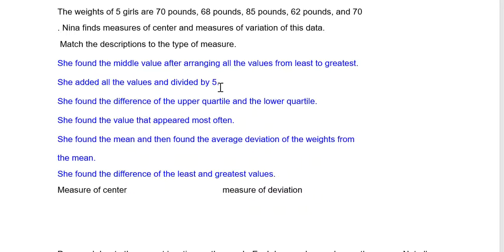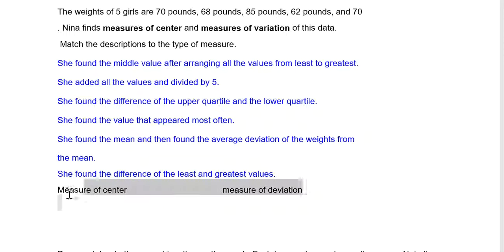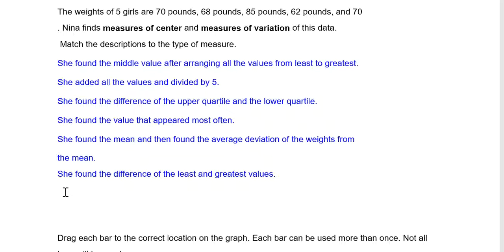I noticed on this question that over here you wrote measure of deviation. I think you meant to write measures of variation because that's what you have up here. Okay, so you want to know which one is a measure of center. So I'm going to bold that. And which one is a measure of variation. And so I'll just delete these.